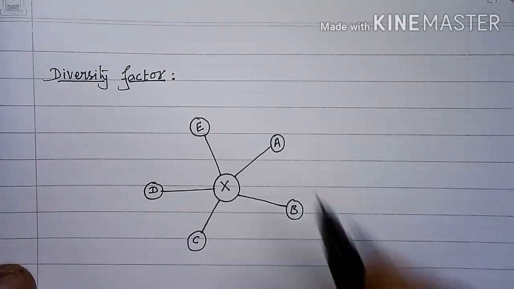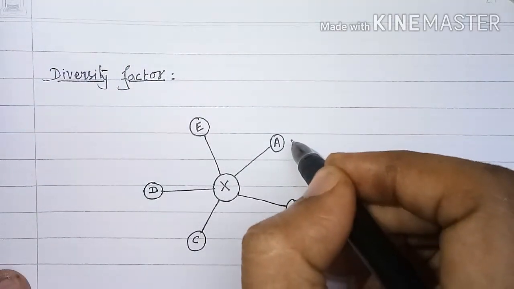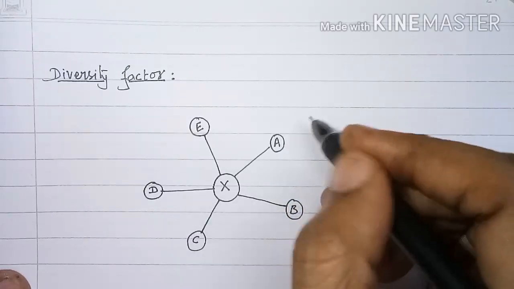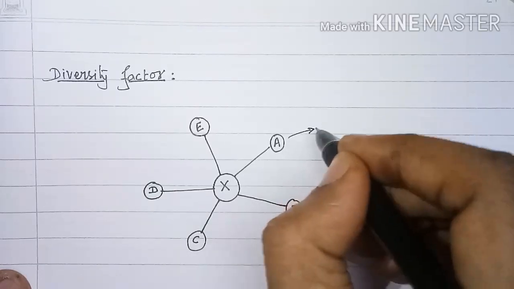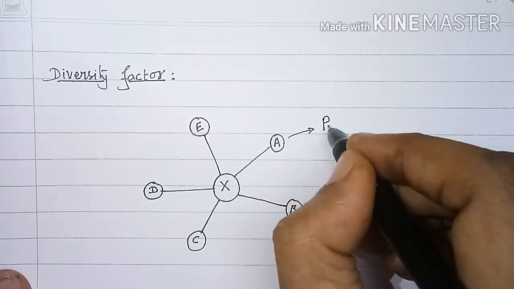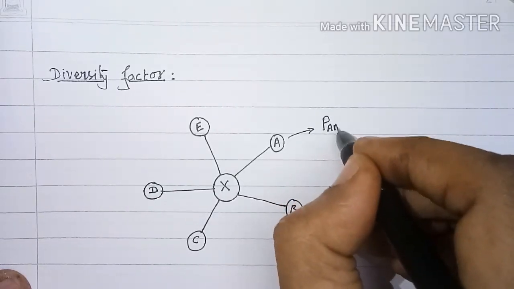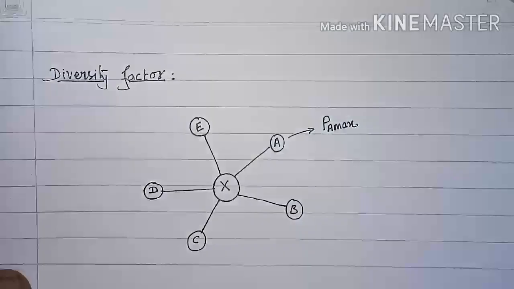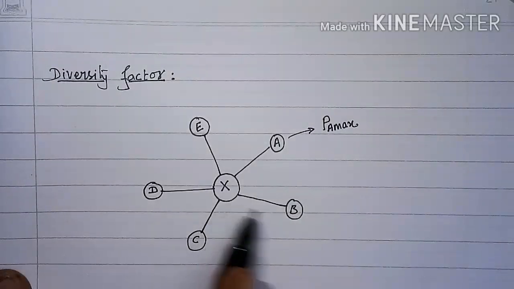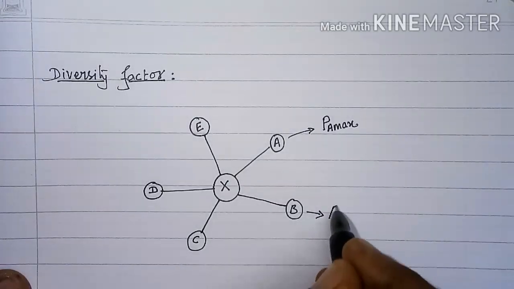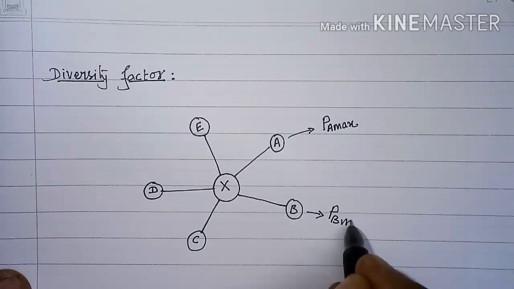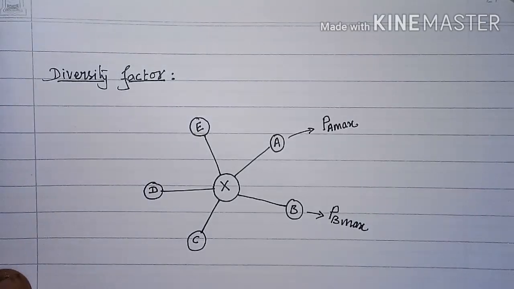Now consumer A will be having certain maximum power, let us say that is PA max, and consumer B is having maximum power, that is PB max.